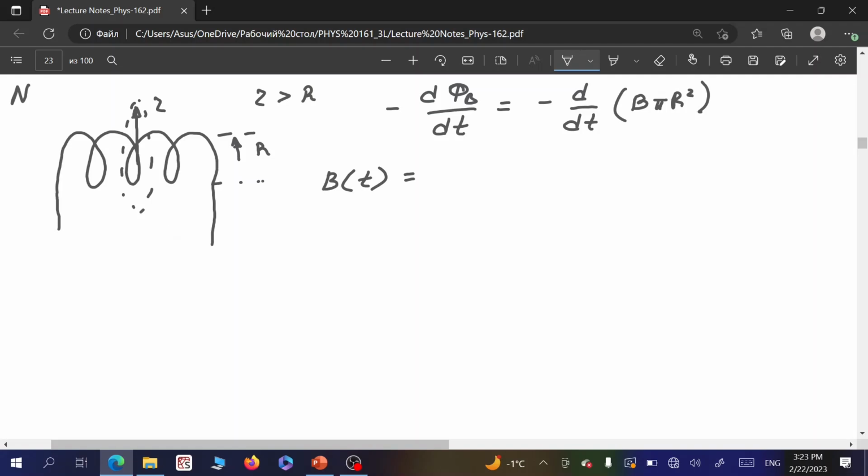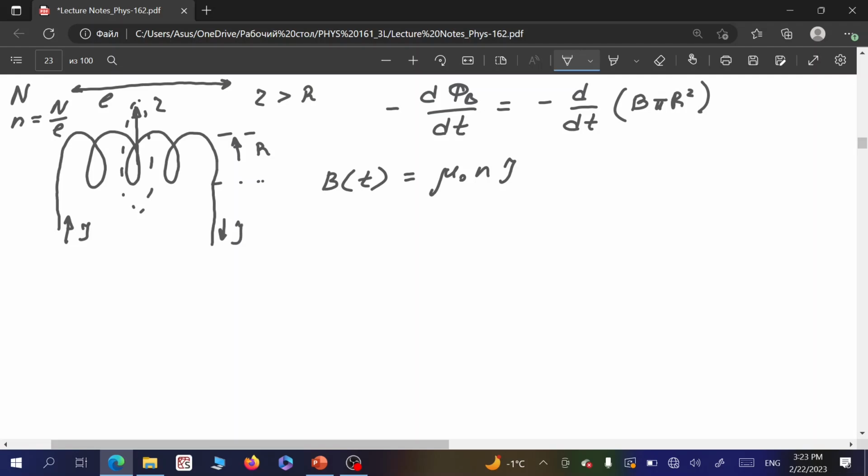Here is the length of the solenoid, so there is density of these coils per unit length, capital N divided by L. So that was mu naught, assuming that we have free space inside the solenoid, times small n, which is density of coils per unit length, times electric current, which flows through the solenoid. So this is our electric current.